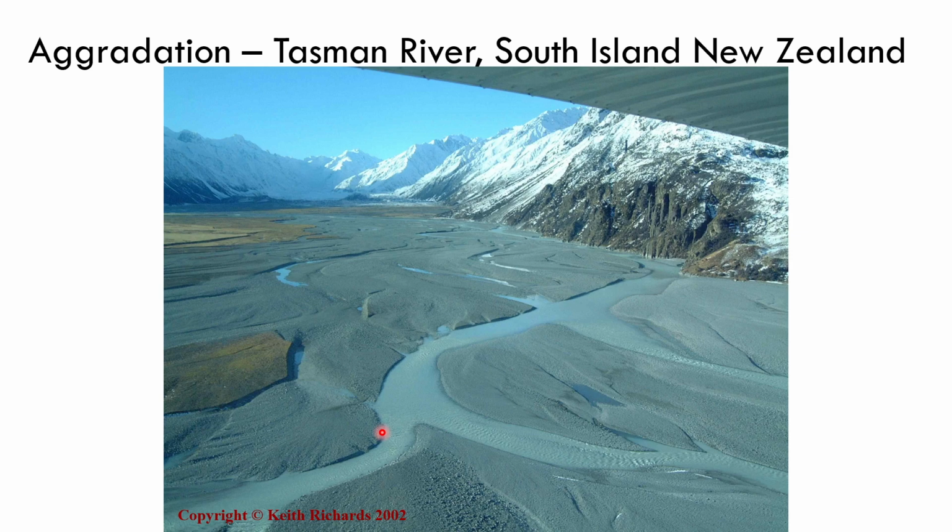That increased sediment supply has tipped the balance towards aggradation. The river is trying to adjust, but it can't do so very fast. So we're seeing aggradation of the valley bottom, building it up because we can't transport out all of the sediment very quickly.